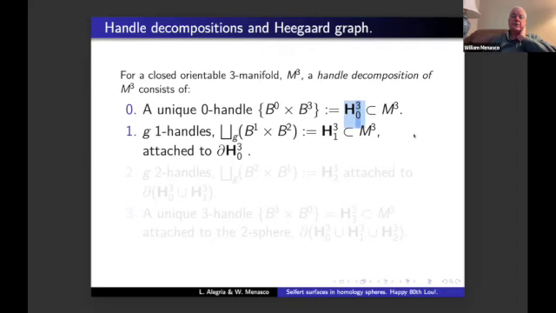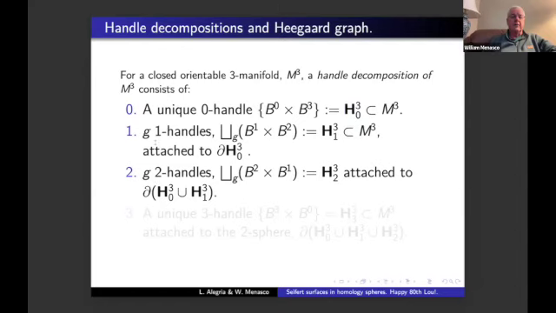Here I'm using this notation, a bold H with subscript zero and superscript three. The subscript speaks to what handle dimension it is, and the three is just that it's a three manifold. And then onto that, you attach G2 handles. A two handle has this product structure again, but reversed from what the one handles were.